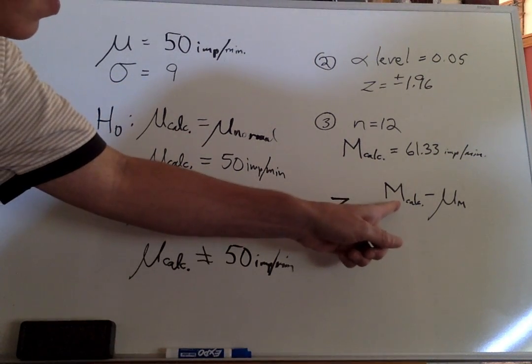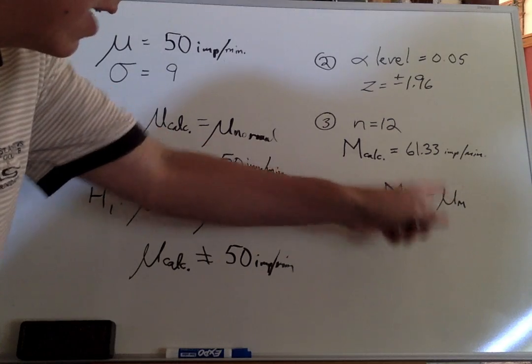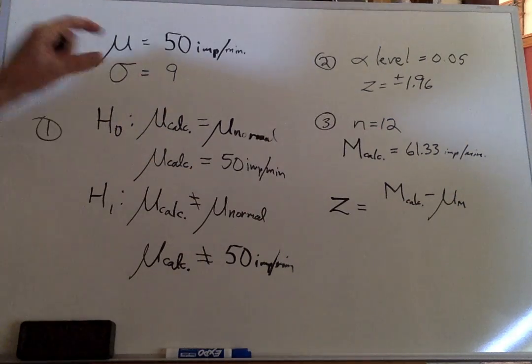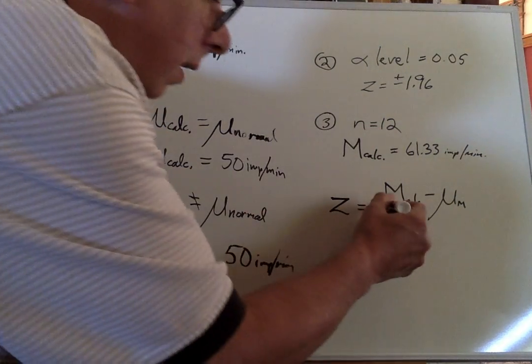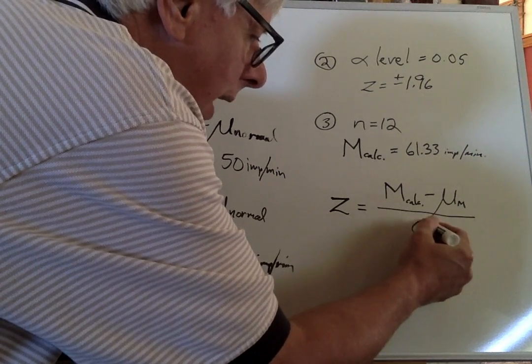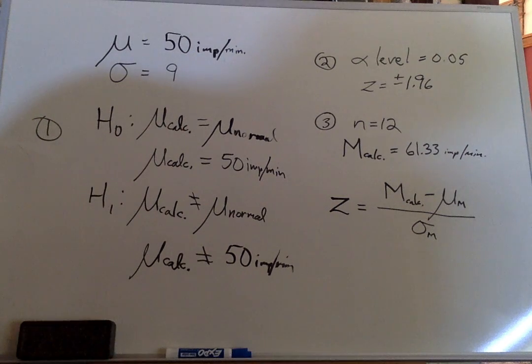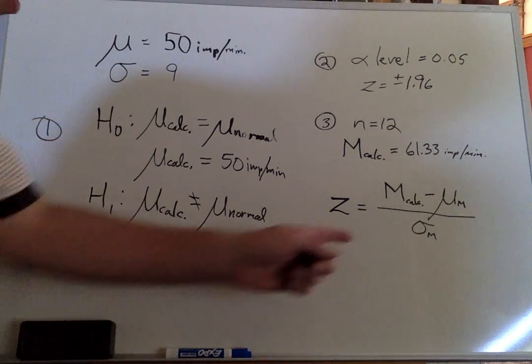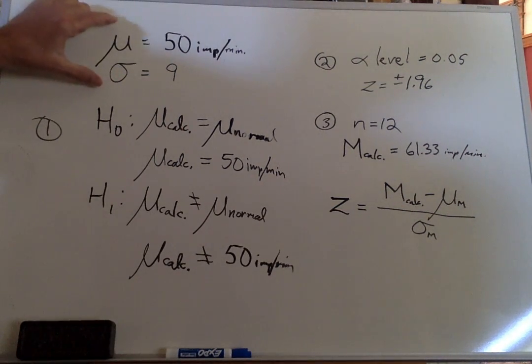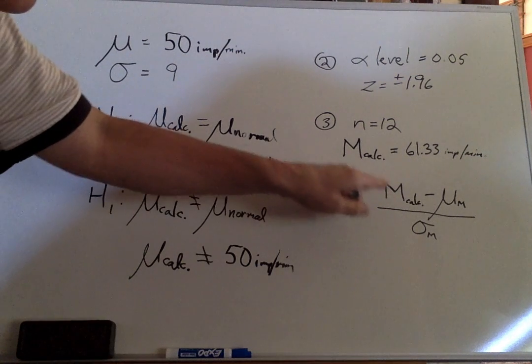So I'm going to compare this to what I would see normally for samples of 12, taken from here, and then divided by the standard deviation of that same sampling distribution. So we're talking about the sampling distribution of this population with sample size 12, because that's what I have for my calcium.